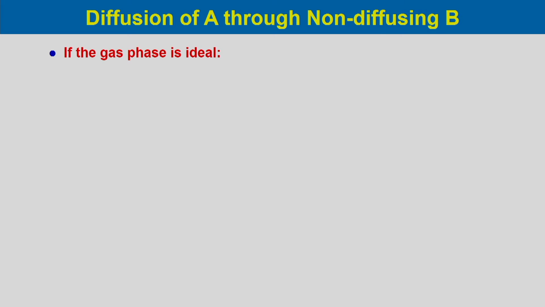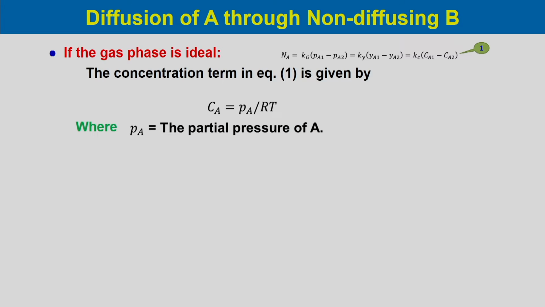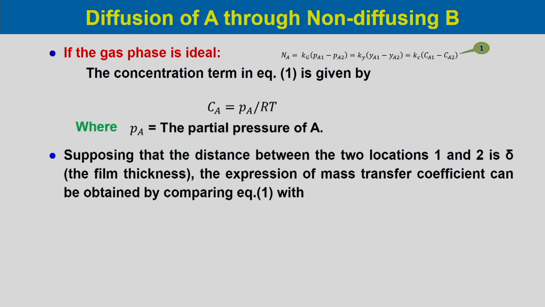Now, if we consider the gas phase is ideal, in that case the concentration term Ca in equation 1 we can write as Pa by RT, the partial pressure of component A divided by RT. Now, suppose that the distance between the two locations 1 and 2 is delta, that is the film thickness.